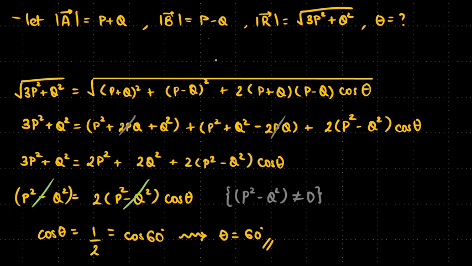If B was 0, that would create some problems, since if B were 0, what would the angle be? You can't ask what angle it could be. That's why we are considering that P minus Q, or P squared minus Q squared, is not equal to 0, if that makes sense.